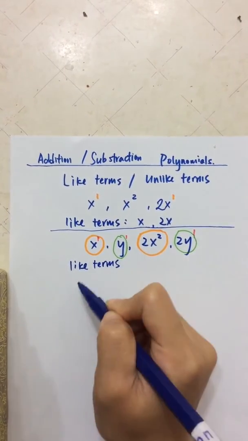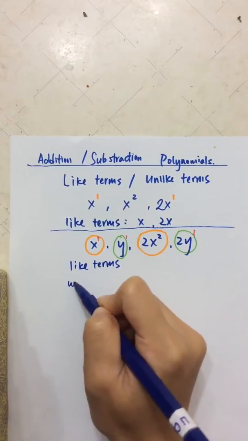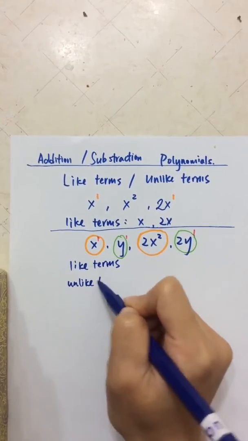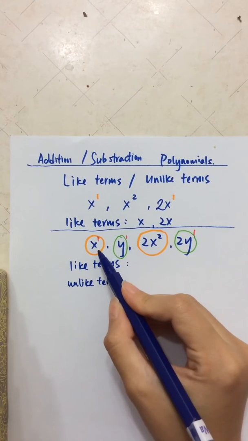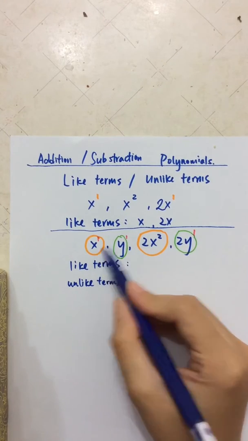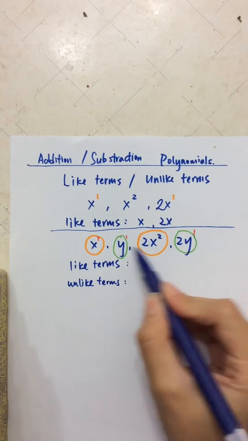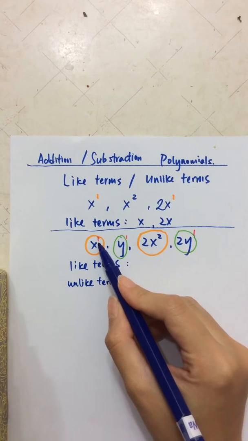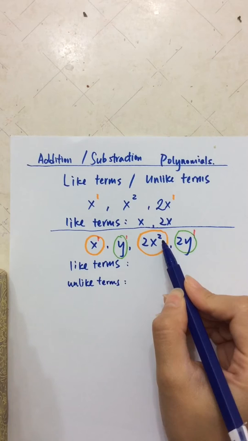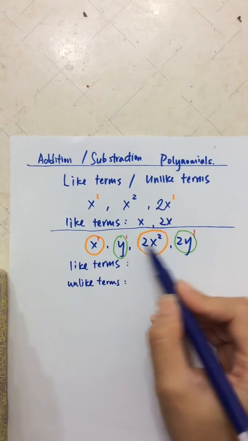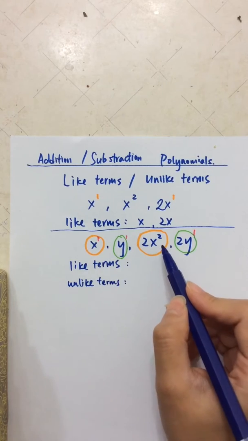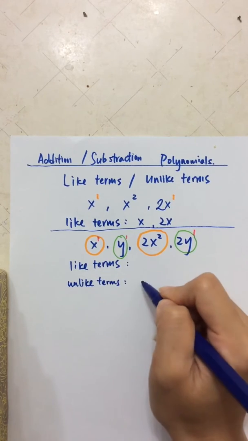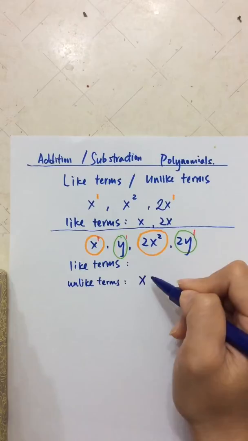And which pairs are the unlike terms? When we consider x, in the other group x the index should be 1, and then this one is 2. So they are different. They don't have the same properties about the index. They are different numbers in the index. So we put it down here. They are called unlike terms.